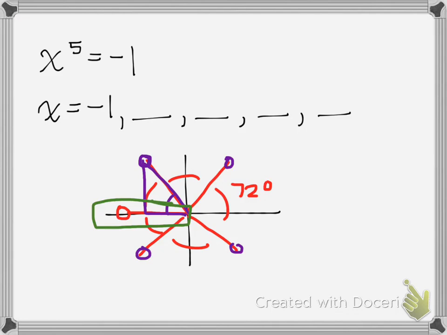So let's do that. What would that be? It would be a magnitude of 1. The angle is 180 degrees, right? Because if it was pointing over this way, that's 180 degrees.